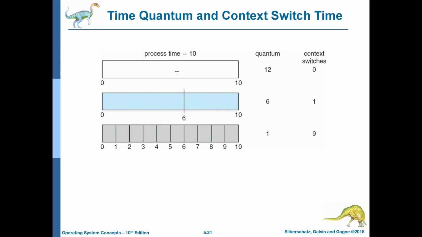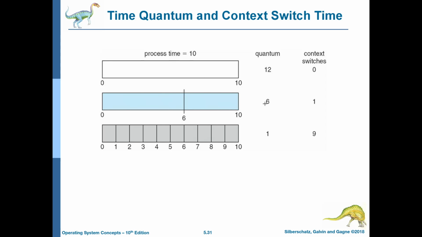So you can see here, we've got different time quantums for a process time of 10. With a time quantum of 12, that particular event runs it to completion, and thus it never hits its time quantum. There are technically no context switches in this particular setup.